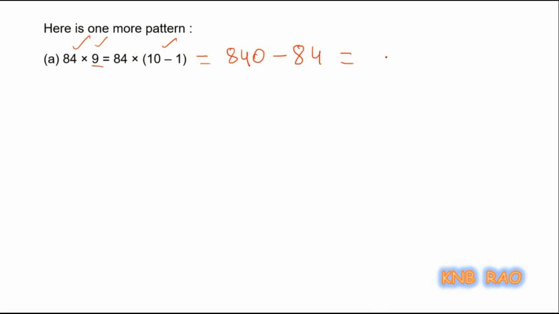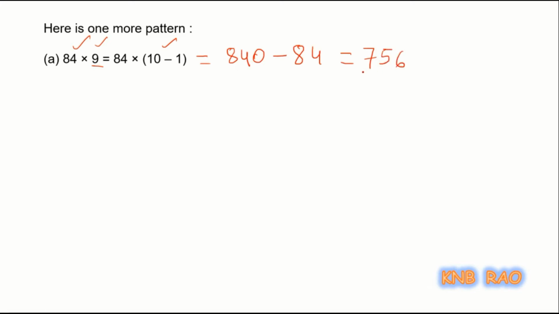Now 840 minus 84, we can do: 700, because 84 is subtracted from 1 hundred of 800, that makes 700. The leftover is 16, I add that 16 to the 40, it becomes 56.